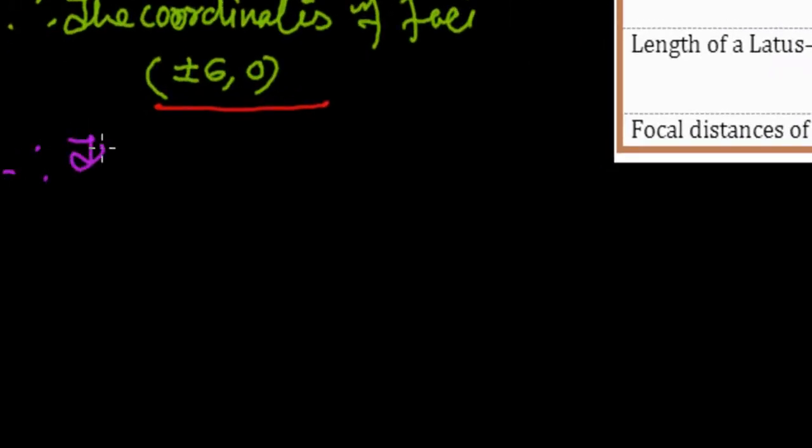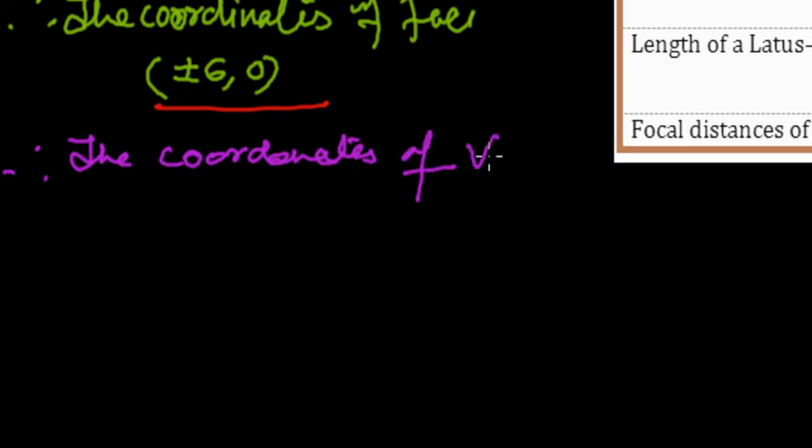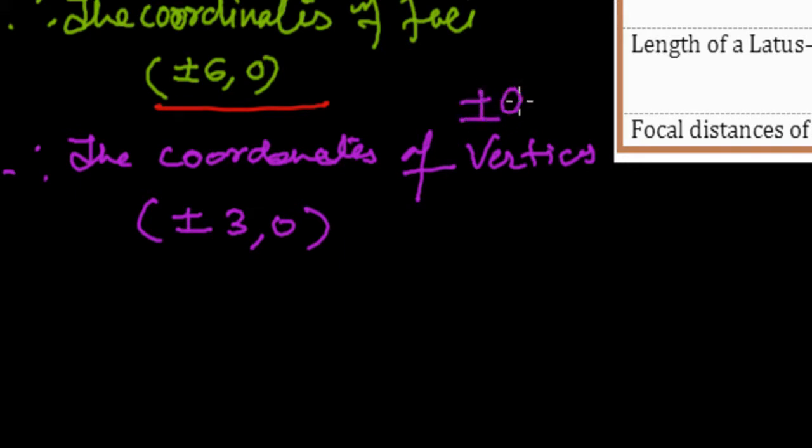Therefore the coordinates of vertices are plus minus 3 comma 0, because we know these coordinates are plus minus a comma 0, so we just have to put the value.